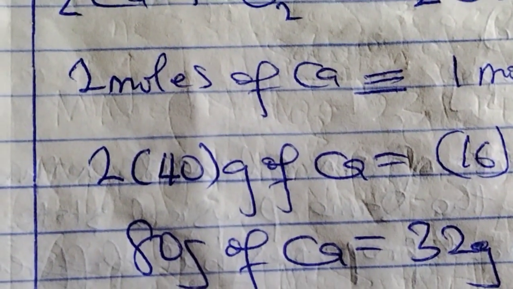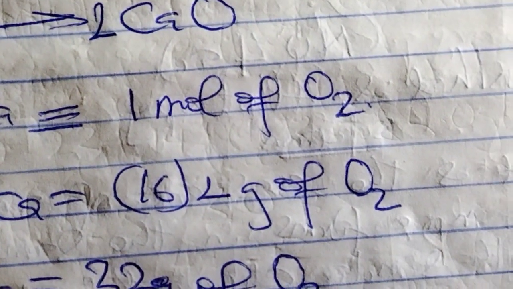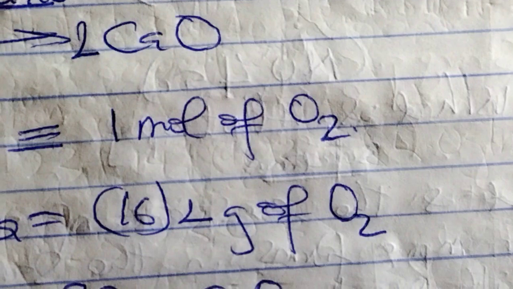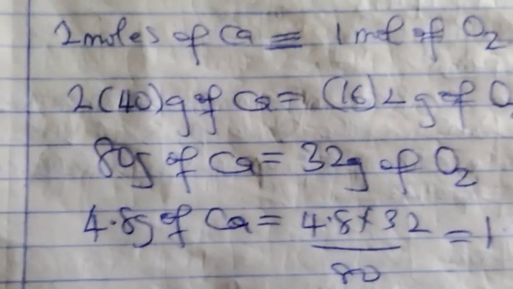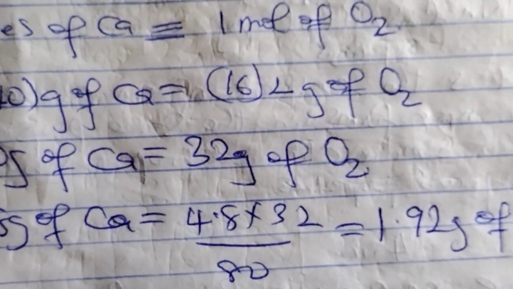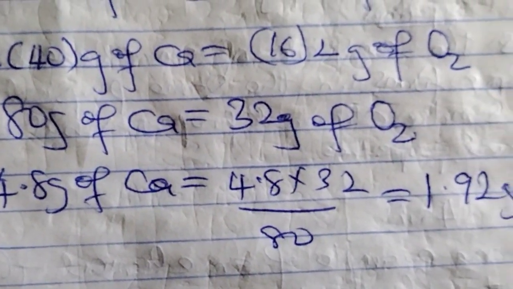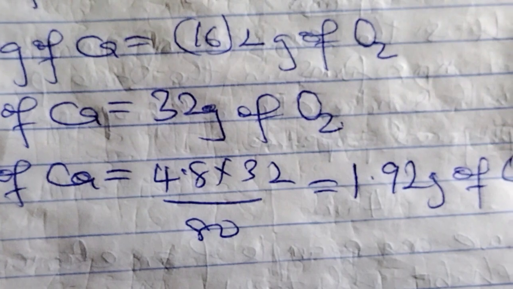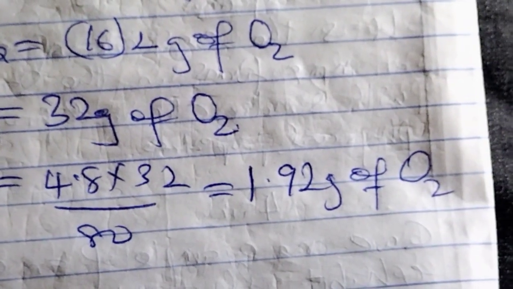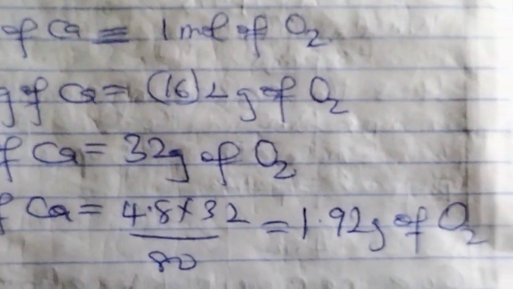And the atomic mass of calcium is 40. We now say 2 times 40. Then oxygen molar mass is 16 times 2 because of 2 atoms of oxygen. So that now gives us 80 grams of calcium giving us 32 grams of oxygen. Therefore, 4.8 grams of calcium will now give us 4.8 times 32 over 80. And that will give us 1.92 grams of oxygen as our answer. 1.92 grams of oxygen.